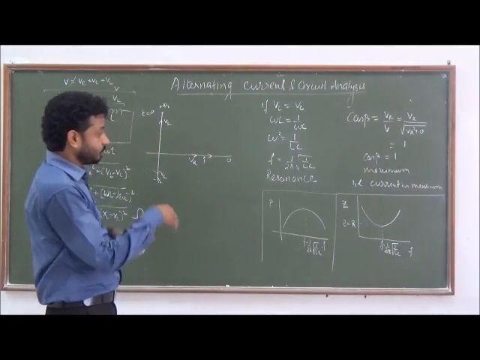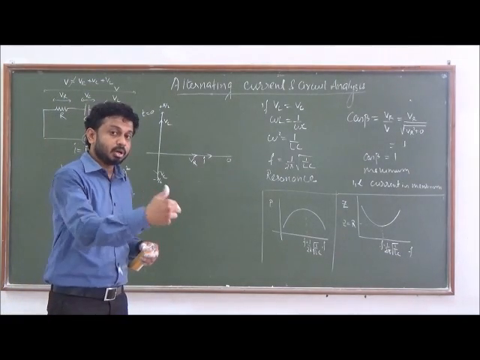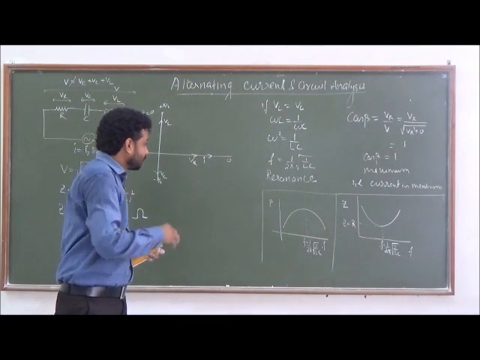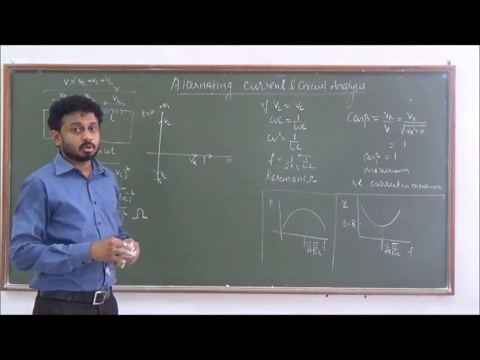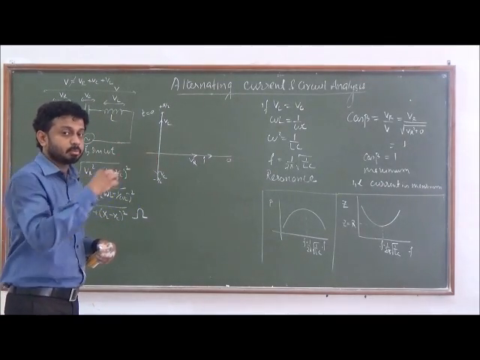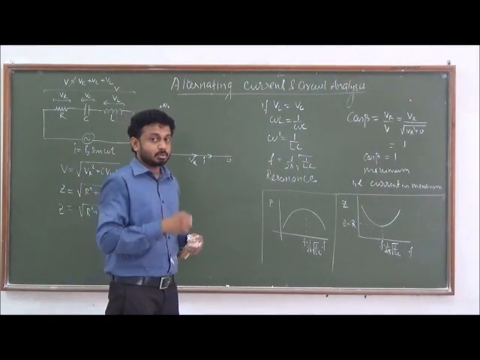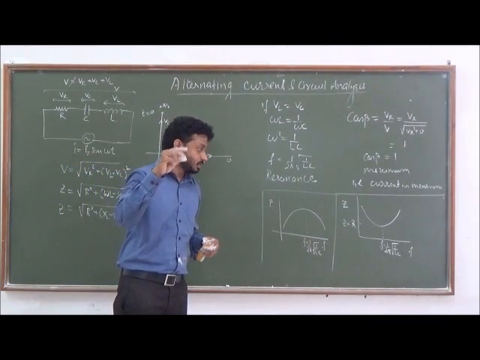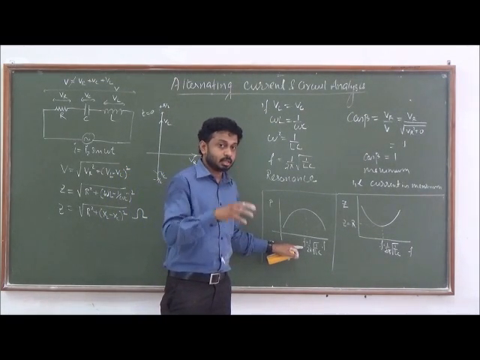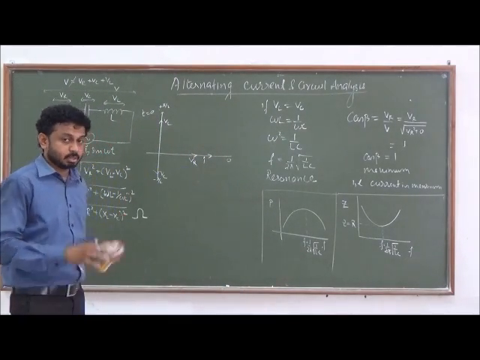So for that particular frequency, the circuit responds a lot. And this is applied in radios, where you are looking for one particular frequency when you want to tune a particular channel. So basically we tune the capacitance inside the radio as a tuner, and we set the capacitance so that it matches the relevant station, and then you can listen to that particular station only, and the rest of the stations fade away.